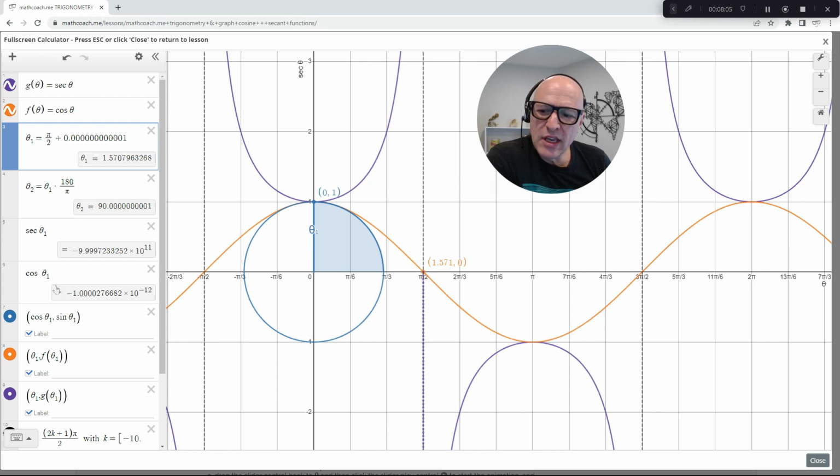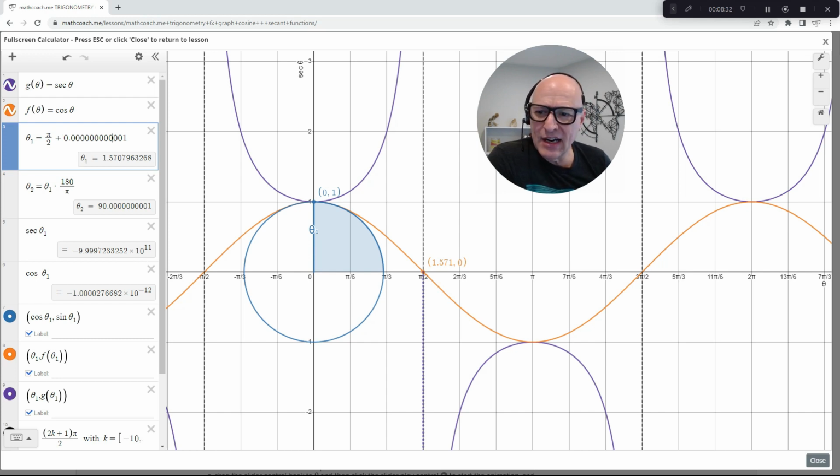So the cosine function of pi over 2 plus 0.000001 is a pretty small number, and it's negative. It's gone into negative territory, -1 times 10 to the -12. And our secant is quite a large number, -9.9 times 10 to the 11, right?